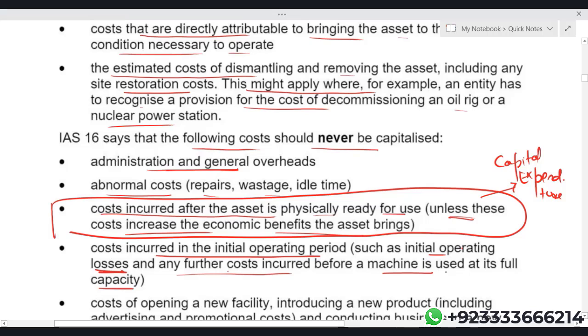See, your machine is available for use, it is ready to use. Now, if you are incurring any other cost in order to utilize that machinery at its full capacity, you cannot simply capitalize it. So costs incurred in the initial operating period will not be capitalized.